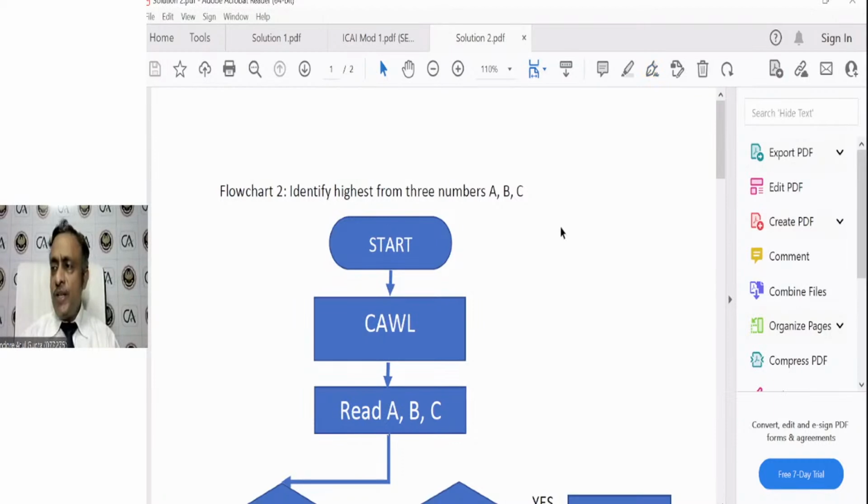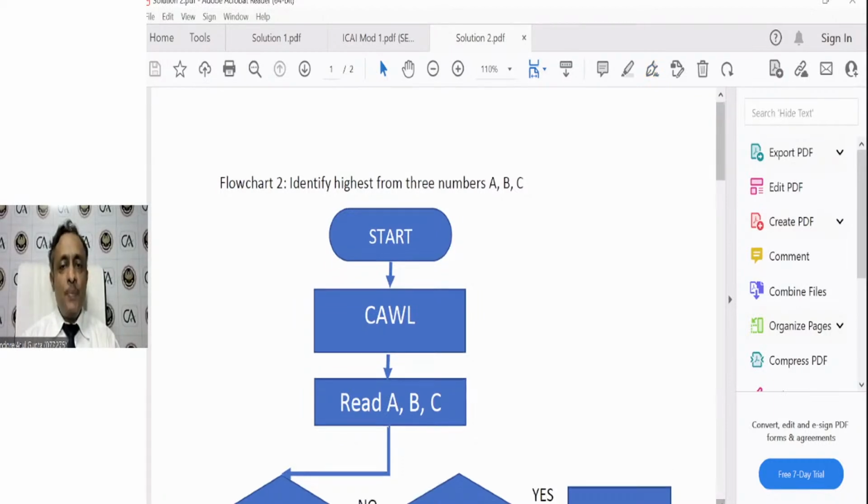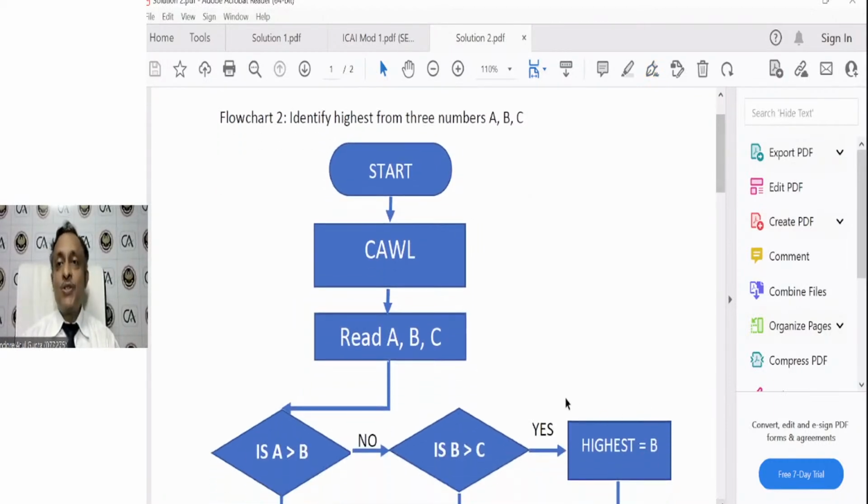Now in this flow chart, some new symbol has come. So we'll see that is the most important symbol. So this Dhanesh's idea was great. I'll send it to Institute to upload. So please, once they are uploaded, compare with your solution. Let us discuss this. Okay, this is very important.